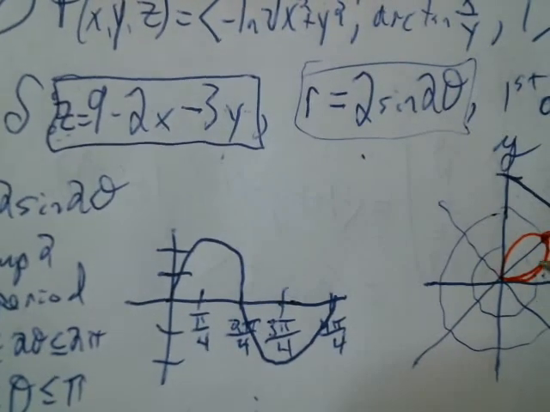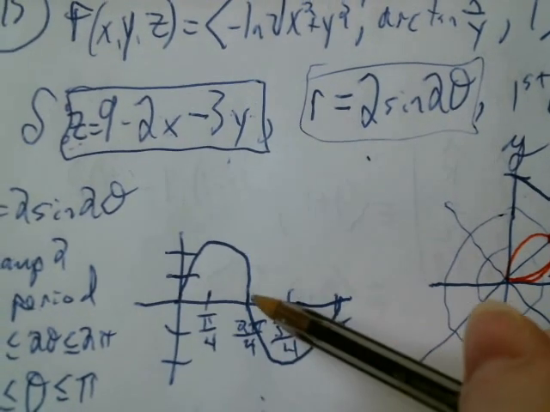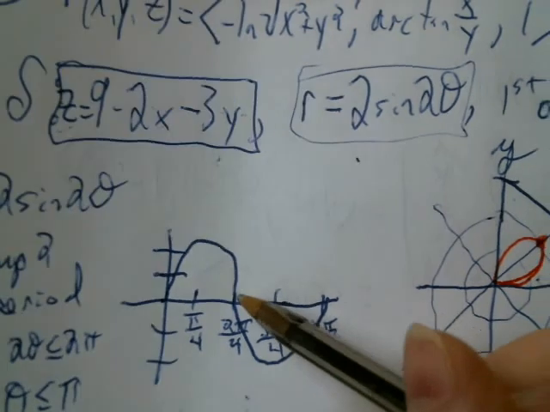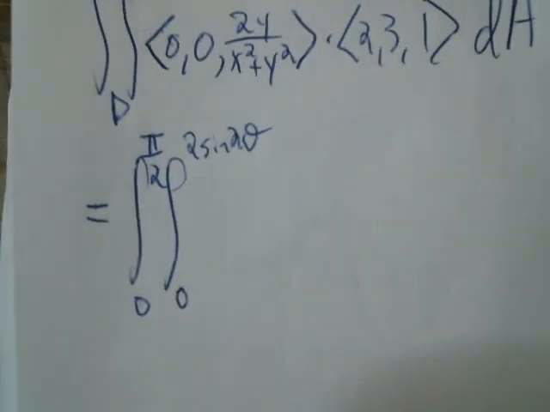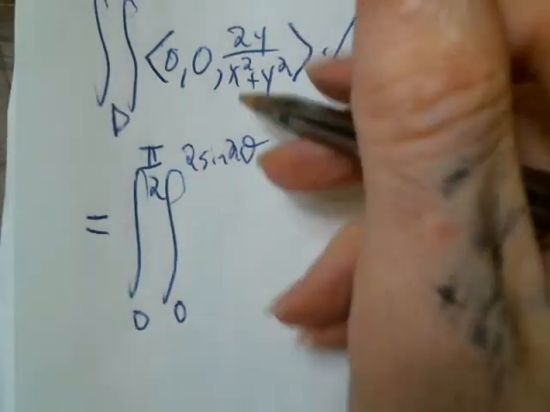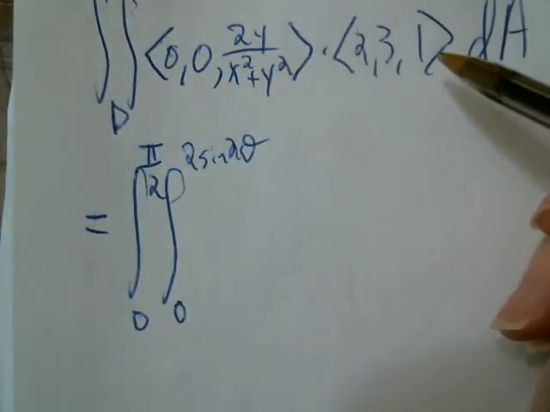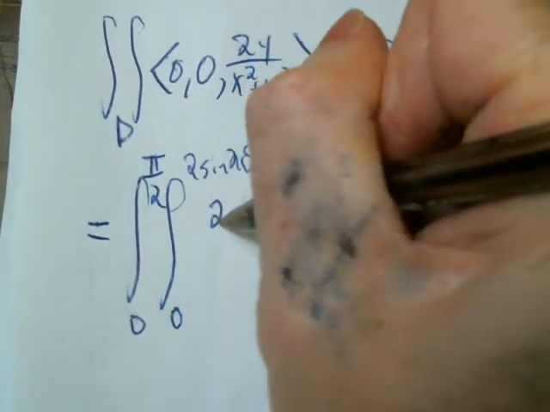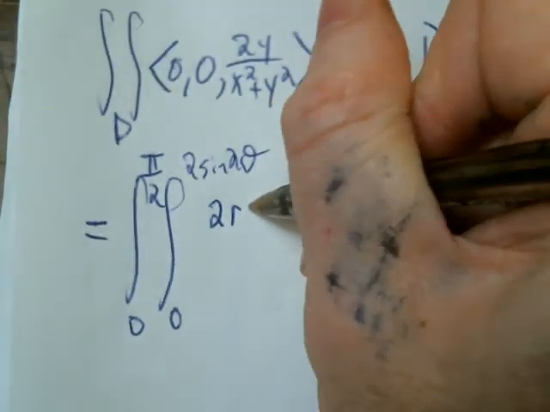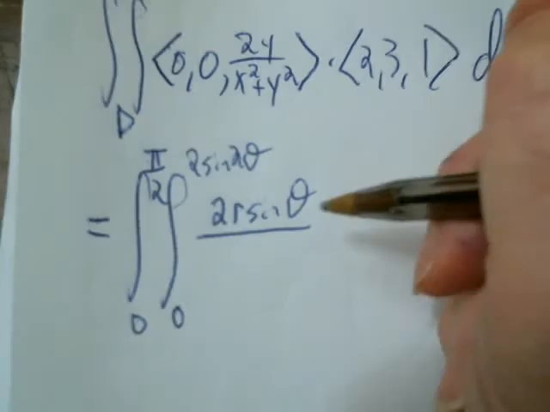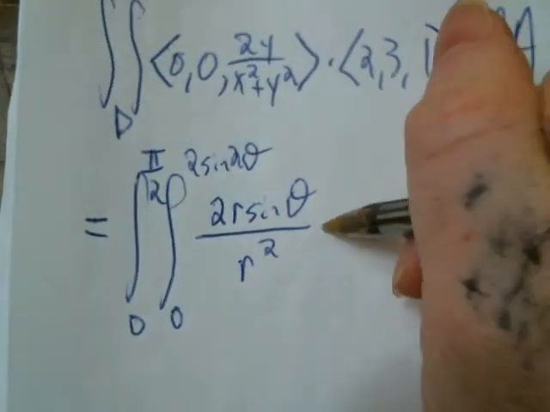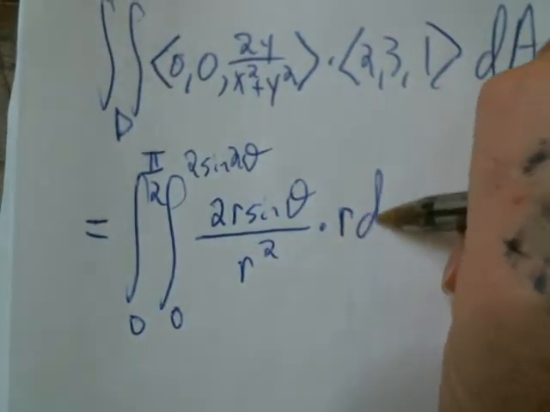So in order to get the petal, I had to go from 0 to 2 pi over 4, which is pi over 2. So 0 to pi over 2. Inside here I'll have 2y over x squared plus y squared, but 2y in terms of polar coordinates is 2r sine theta. X squared plus y squared is r squared, and then I have to multiply by r dr d theta.